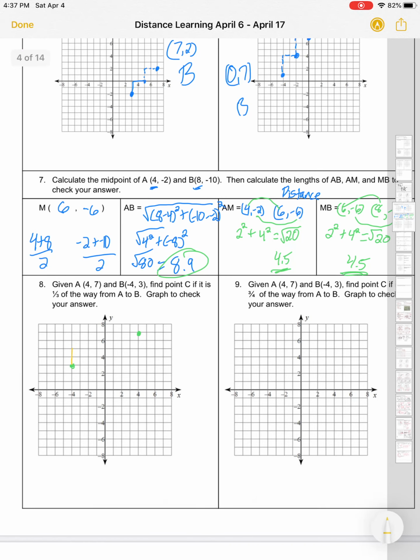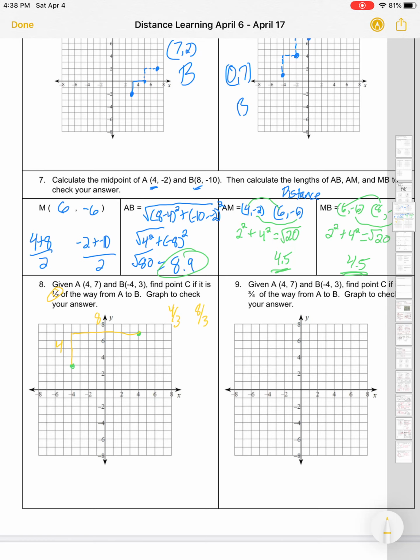You go up 1, 2, 3, 4, and then over 1, 2, 3, 4, 5, 6, 7, 8. So you go up 4 and over 8, but they only want you to go a third of that. How do you find a third? Divide by 3. So 4 divided by 3, 8 divided by 3.